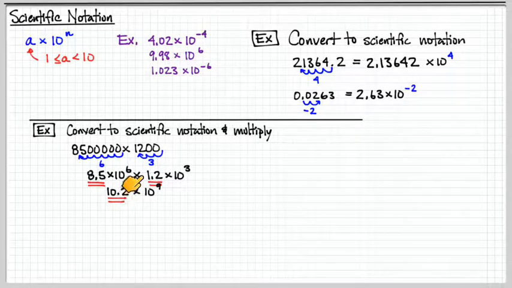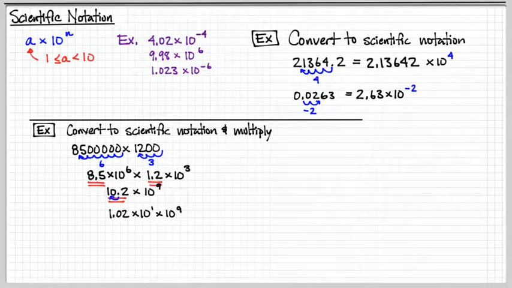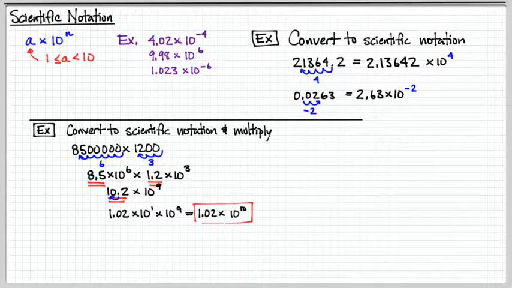Then I multiply my 10 to the 6th and 10 to the 3rd, and I get 10 to the 9th. I need to convert 10.2 to scientific notation, though, because it violates this rule up here. So now I convert that by turning it into 1.02 times 10 to the 1st, and now I can multiply these exponents together to get my final scientific notation answer.